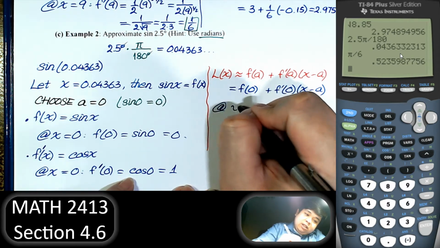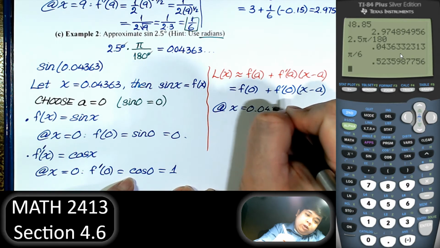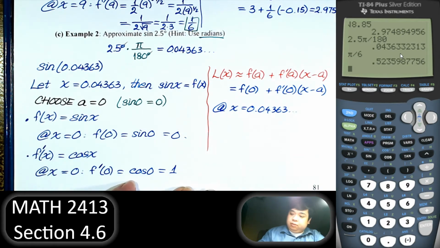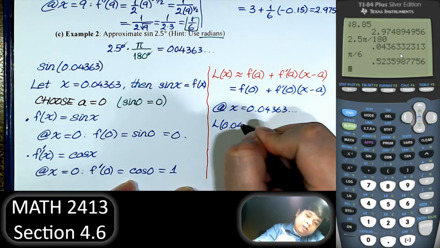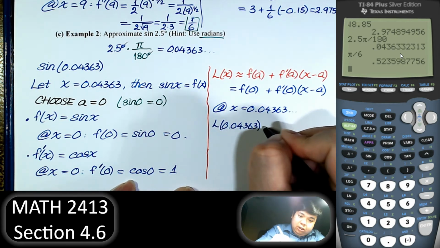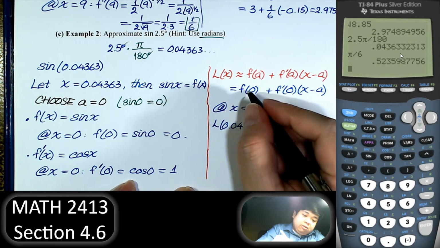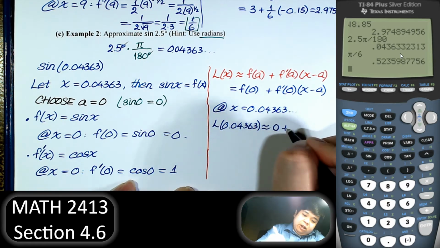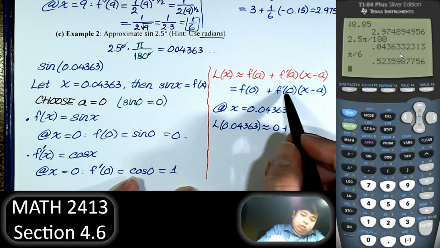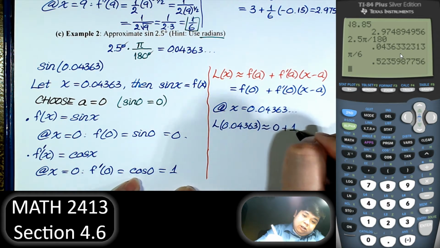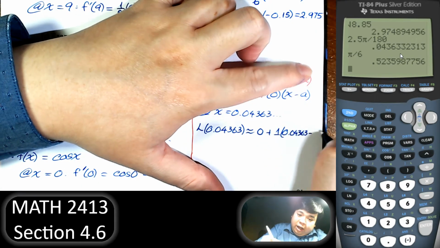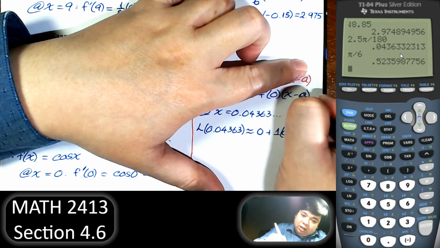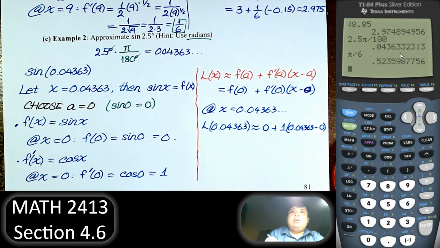Right, we have everything. Now substitute into this equation at x equal to 0.04363 and so on. Evaluate, put that into x. f of 0 is 0. The derivative of the function at 0 is 1. x is that number and a is 0, so that is just x pretty much.